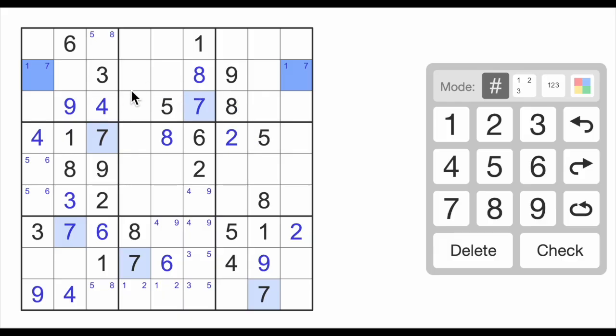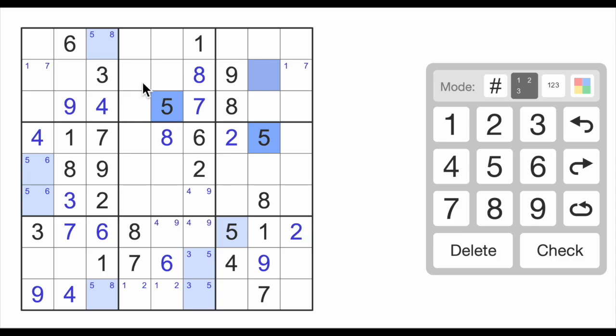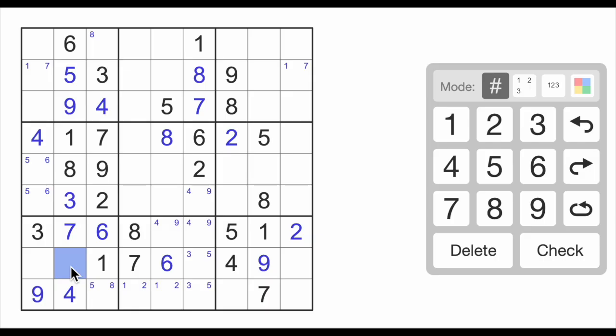And that means I can place 5 on row 2 because this 5 blocks here, this 5 blocks these, and these are 1, 7 double, so 5 can only go here. And the last number of this column is 2. And these will be 5 and 8, but here's 5, 6 double.